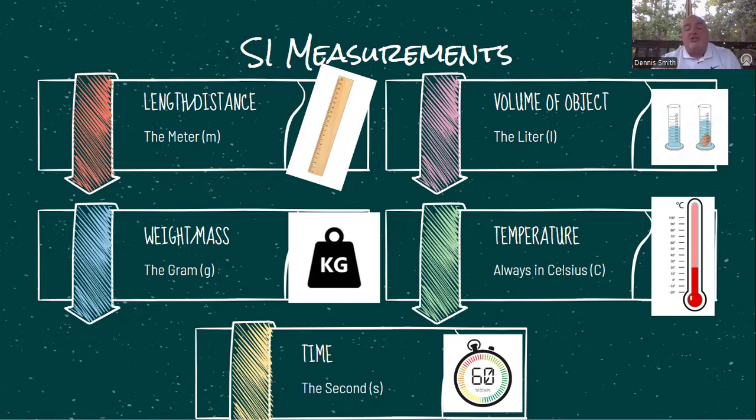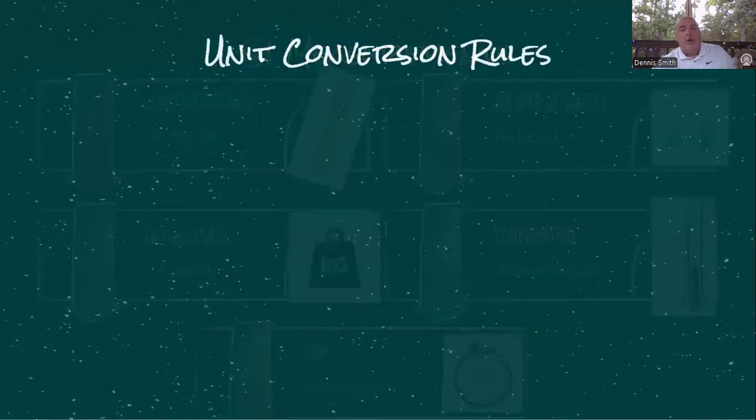Temperature will always have Celsius as its measurement, and that's why freezing in Celsius is at 0. Water freezes at 0 degrees Celsius, and then they build their chart from there. And then time is always based in seconds. So those are some of the SI measurements that we will be working with and that you need to know.